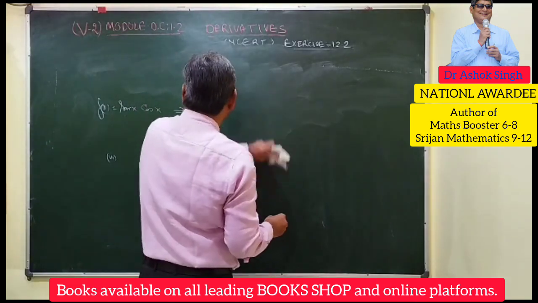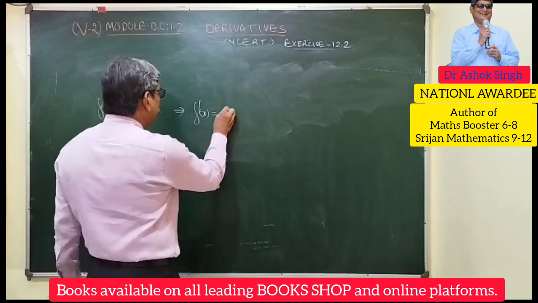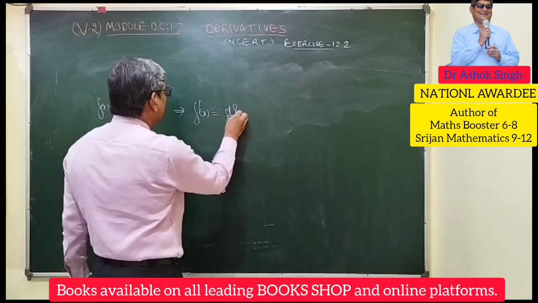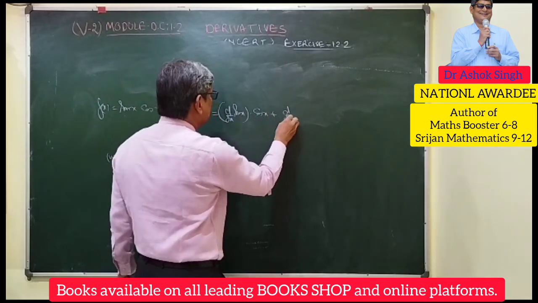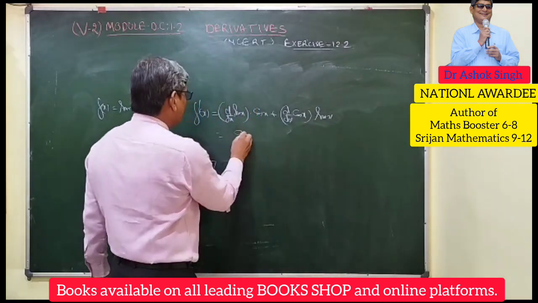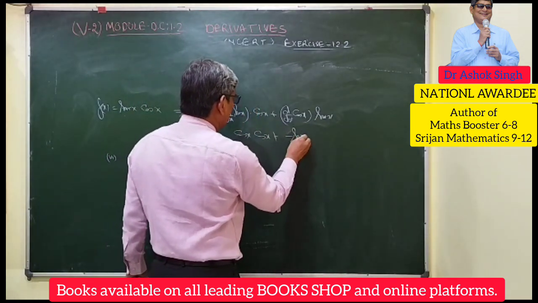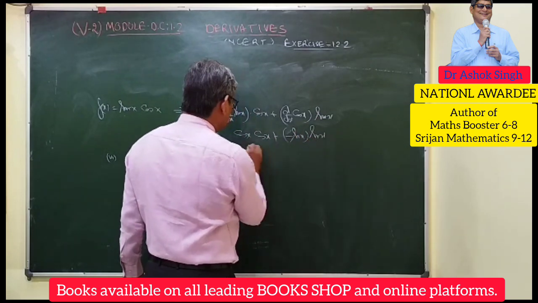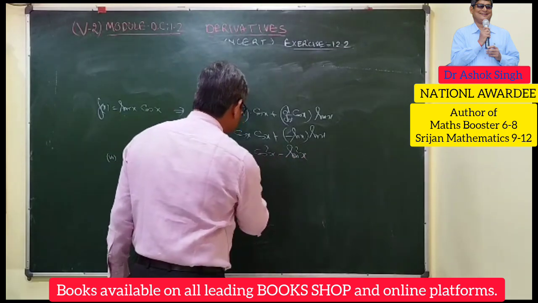Let me write, otherwise you will say I am just jumping over the steps. So I am writing here, it is d dx of sin x into cos x plus d dx of cos x into sin x, which is equal to cos x into cos x plus minus sin x into sin x, that is equal to cos square x minus sin square x.